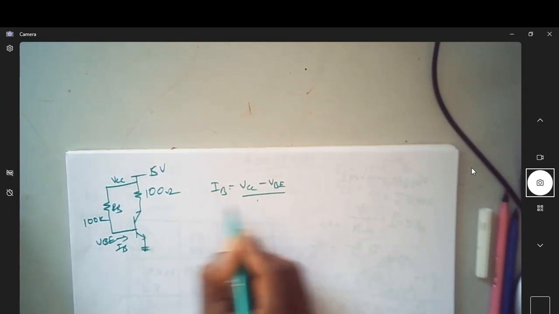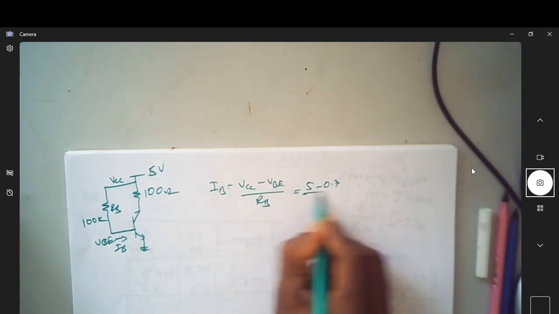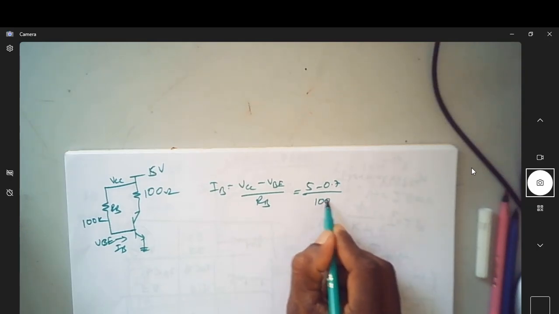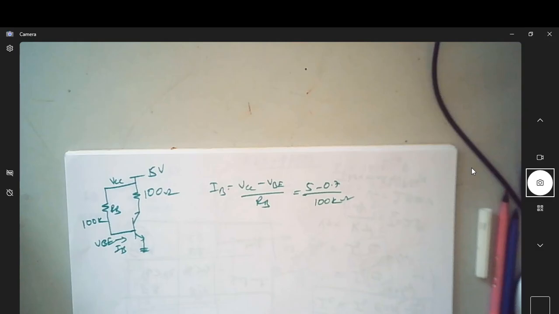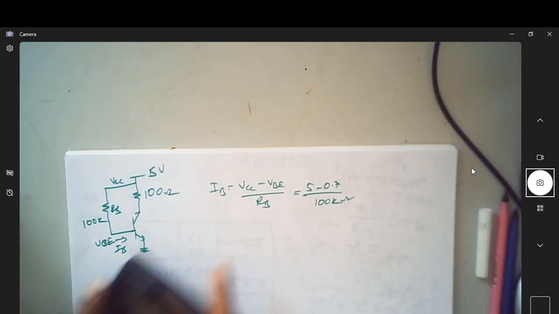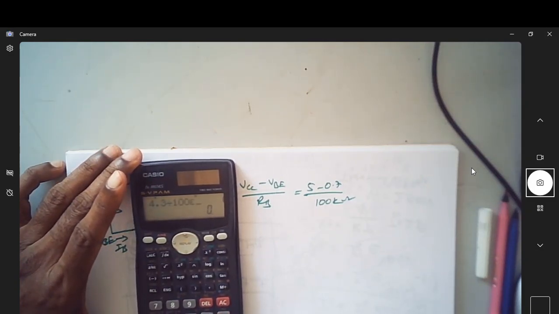So let me take this as RB. So what is this? It is 5 minus 0.7 by 100 kilo ohm, which is 4.3 divided by 100 exponential 3.